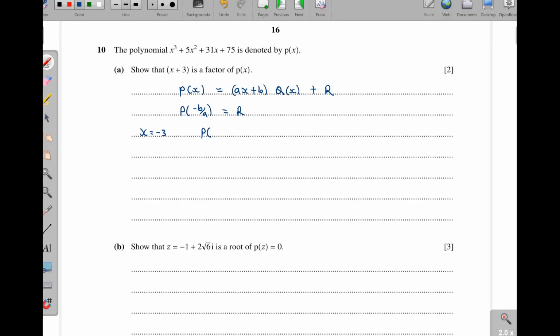So I'll put this one in here. And then we have p of negative 3 is going to be negative 3 cubed, then plus 5 times negative 3 squared, then plus 31 of negative 3, and then plus the 75. And then this one must give us a 0. Okay. So what do we get here?